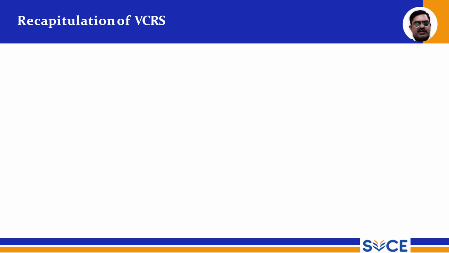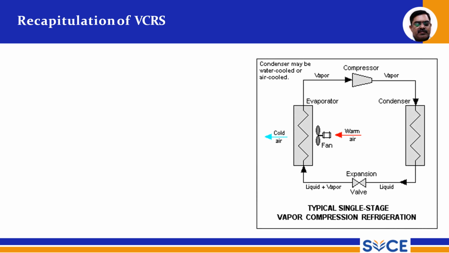Let us see the vapor compression refrigeration system that we have discussed in this unit, and I wanted to recapitulate this. Here you can see these are the four major components: the compressor, condenser, expansion valve, and the evaporator.